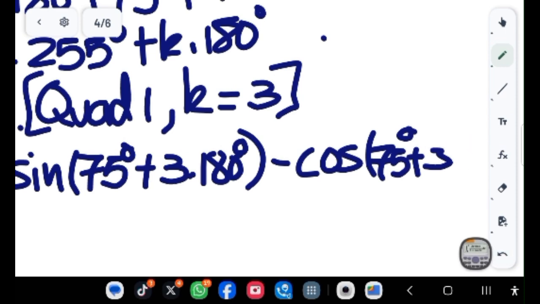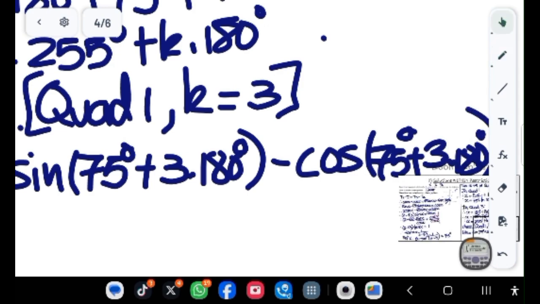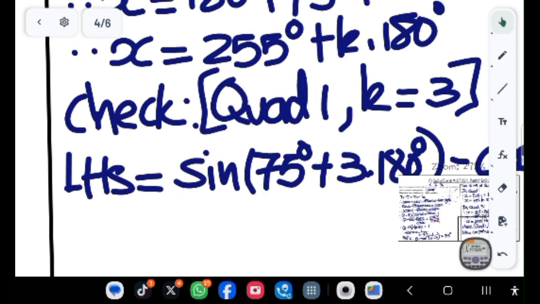Let's calculate that and see what it gives us.